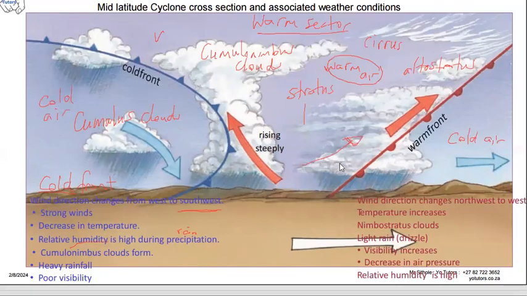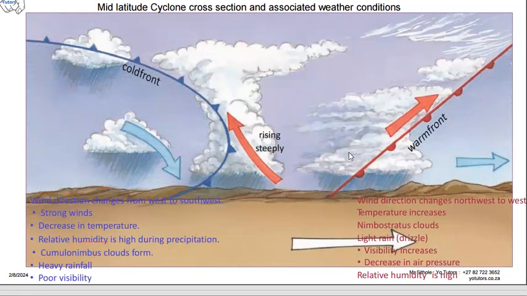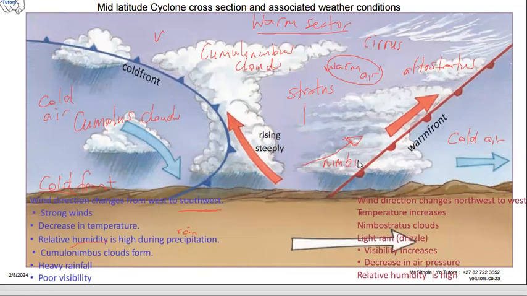Now we are saying warm air is going above the cold air, and when it goes above cold air, it forms these low clouds, which we call nimbostratus. So the warm front is associated with nimbostratus clouds.